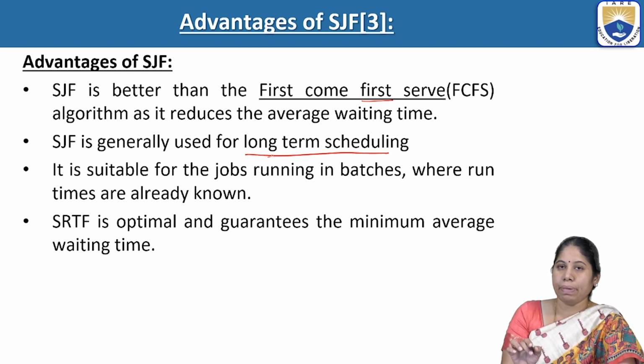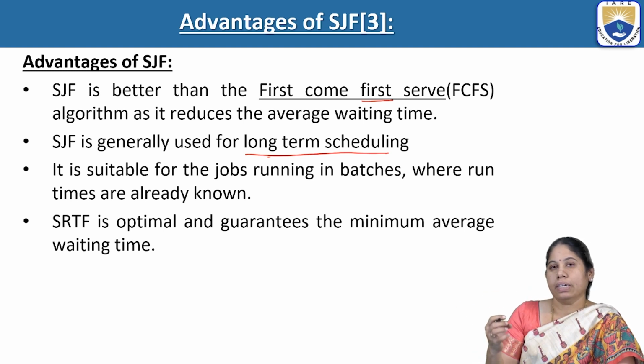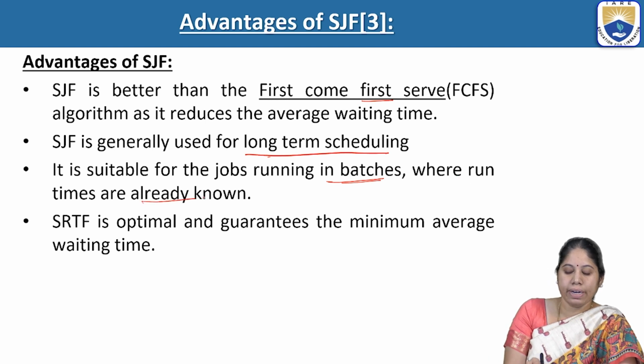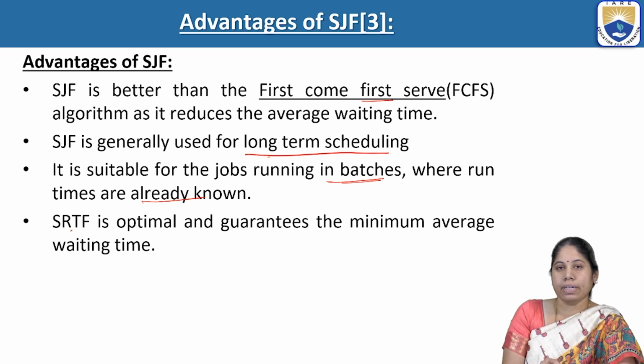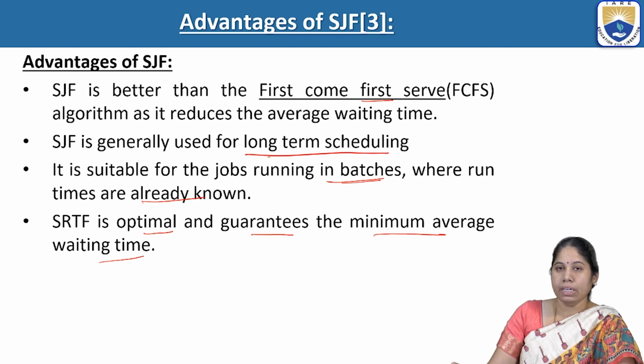This is because the SJF algorithm is best suited for batch systems, where the CPU burst time is known. So it is suitable for jobs running in batch systems, where runtimes are already known. The SRTF, shortest remaining time first algorithm, is optimal and guarantees the minimum average waiting time. We have seen this with the examples.